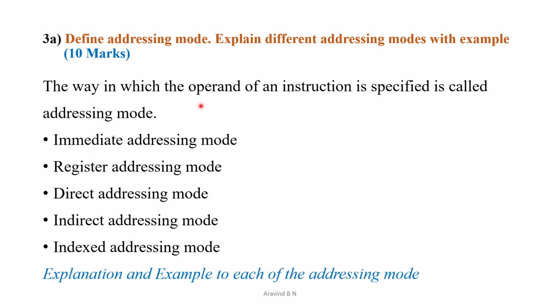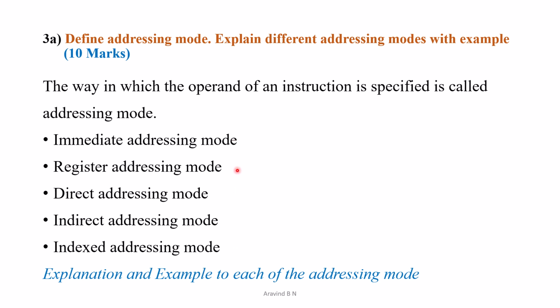Now the definition first: the way in which the operand of an instruction is specified is called addressing mode. This is the definition. Then for the second part of the question, we have to explain different addressing modes. These are the various addressing modes available within 8051. Mention all of these, or list them out first.